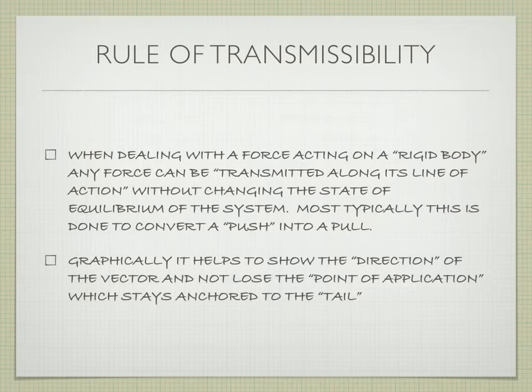We would like to do this so that when we're visually solving the problem, we can see to where actually the radial vector acts. So if we have something, typically water or hydrostatic force, pushing on something, we will slide the vector so that its tail is at the point of application.